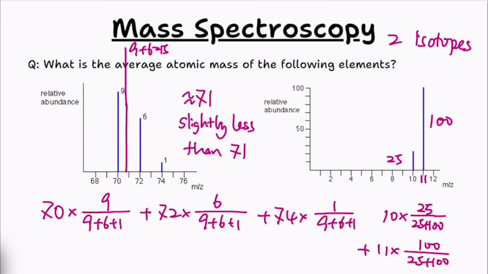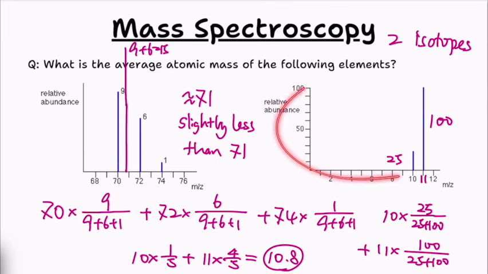So that will be 10 multiplied by 1 over 5 plus 11 multiplied by 4 over 5. So that will be 10.8 AMU. This will be the average atomic mass for this mass spectrum.